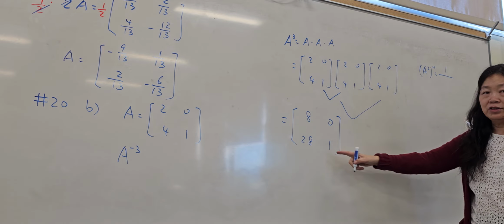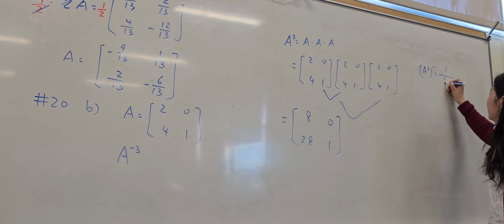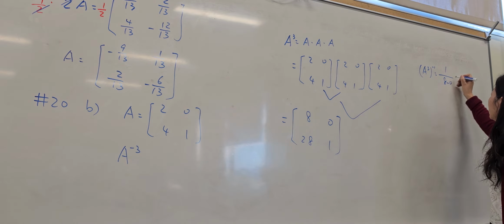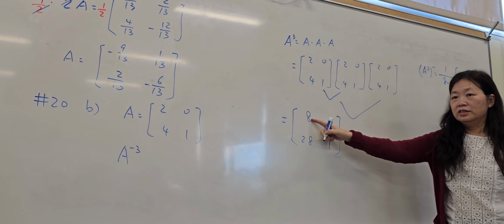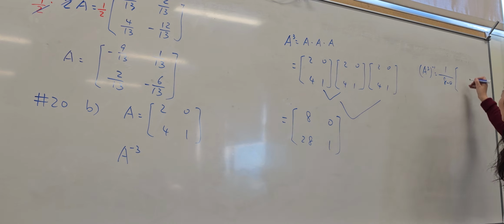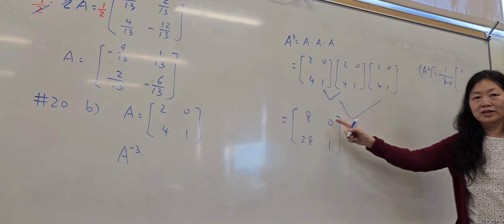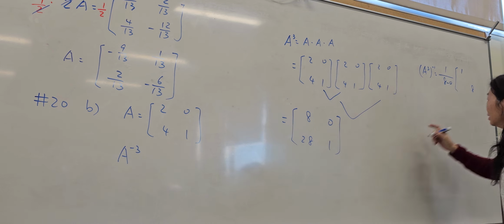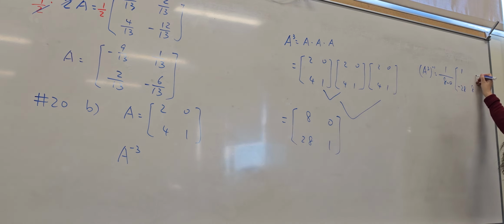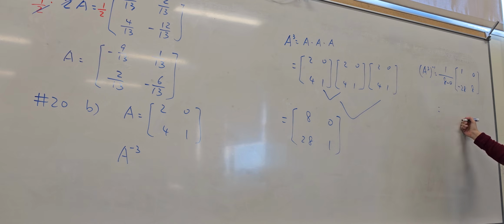You use the 2 by 2 formula, so these two multiply, so it's 8, subtract 0. Switch these two numbers, so 1, 8, and then negative with this one. It comes out, this is 1 over 8, 0, 1 over 8 times negative 28, and then it's 8 over 8.